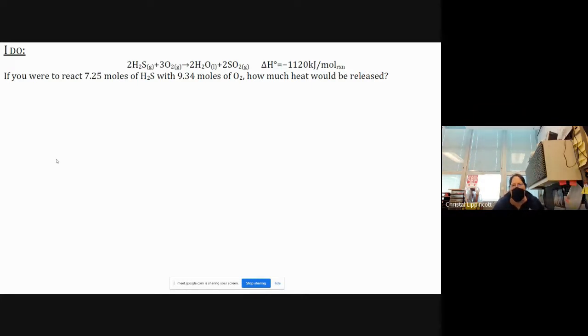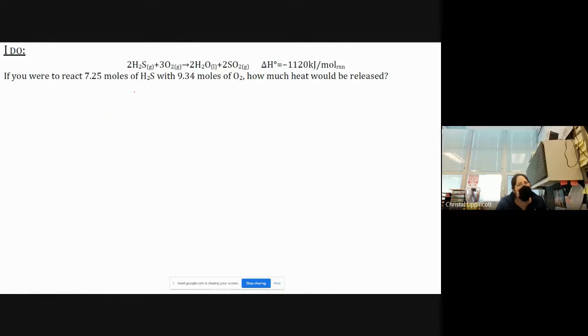All right, so we want to know if we had 7.25 moles of H2S, and we're reacting that with 9.34 moles of O2, how much heat would be released? So what's the first thing we've got to do here?